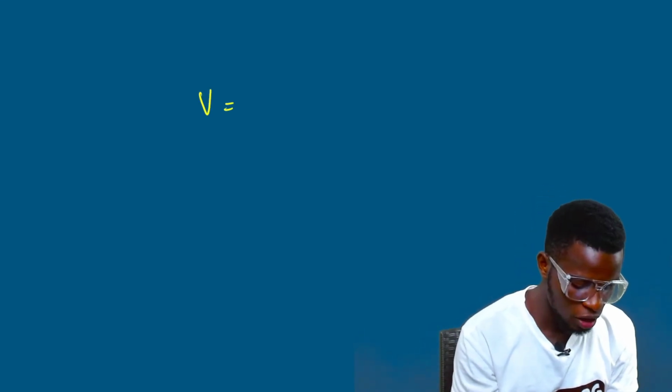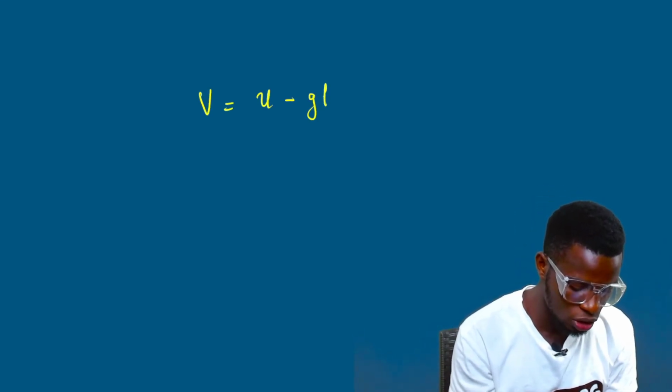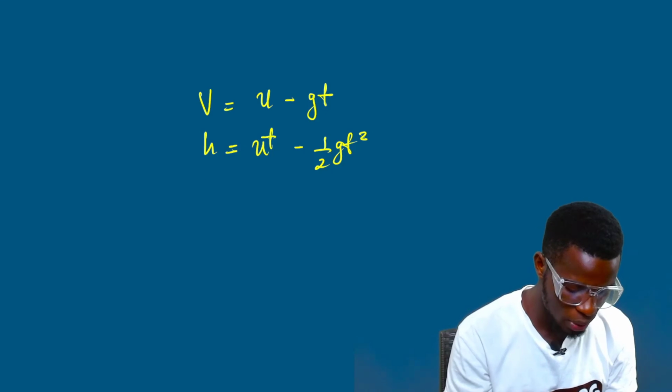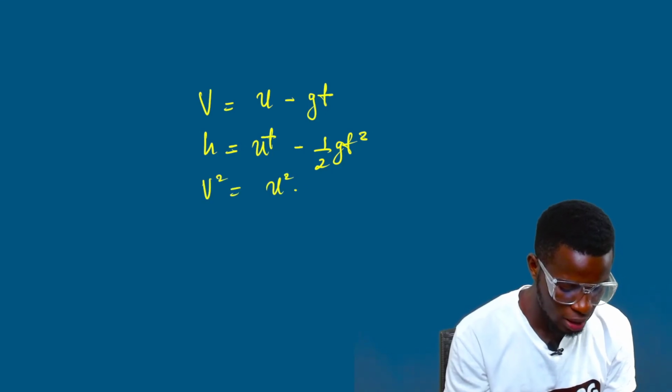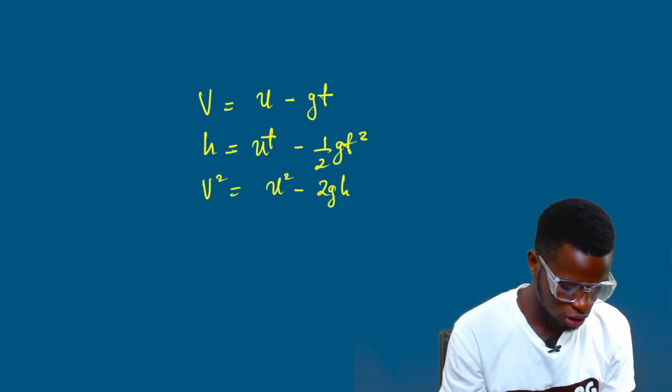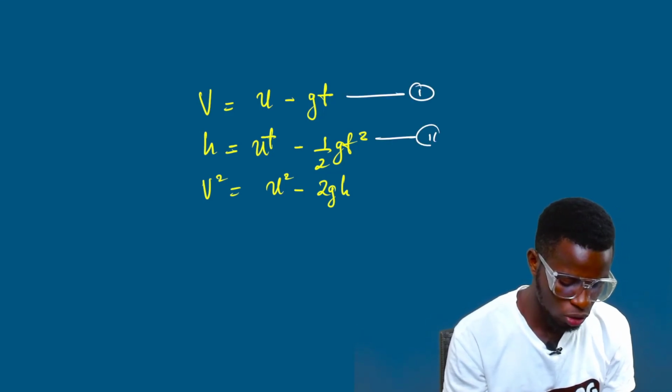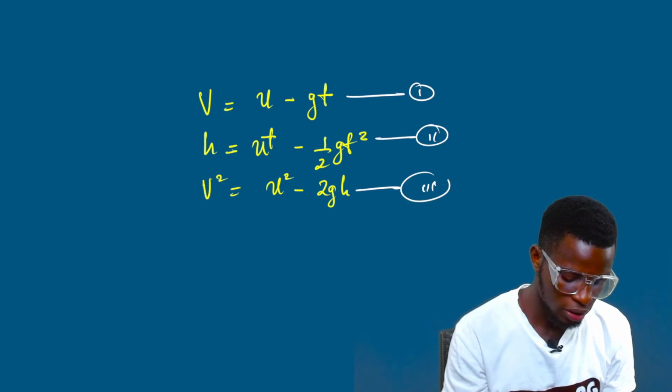We have v equals u minus gt, we have h equals ut minus half gt squared, and we have v squared equals u squared minus 2gh as equation 1, equation 2, and equation 3.